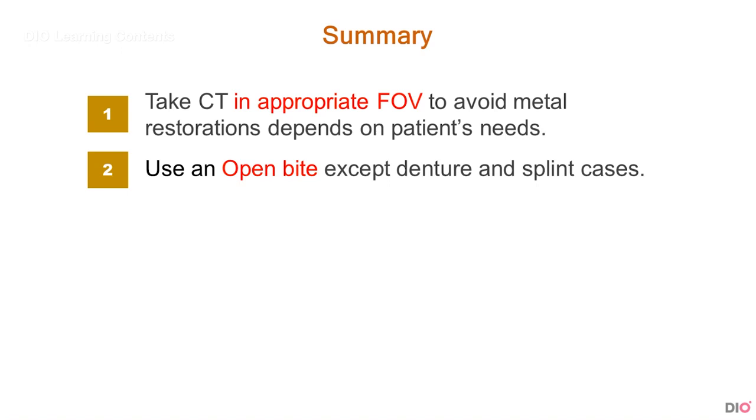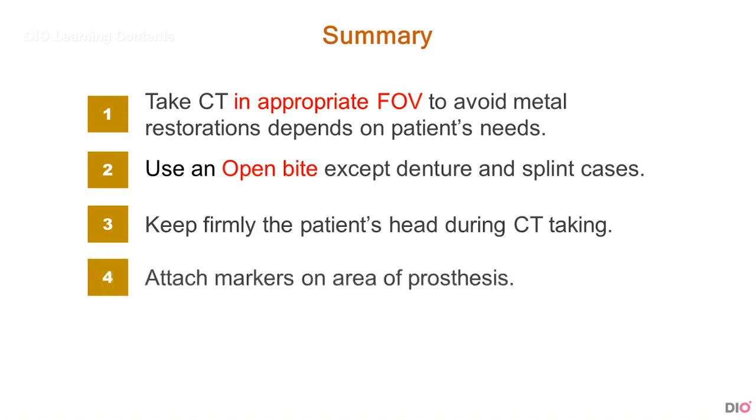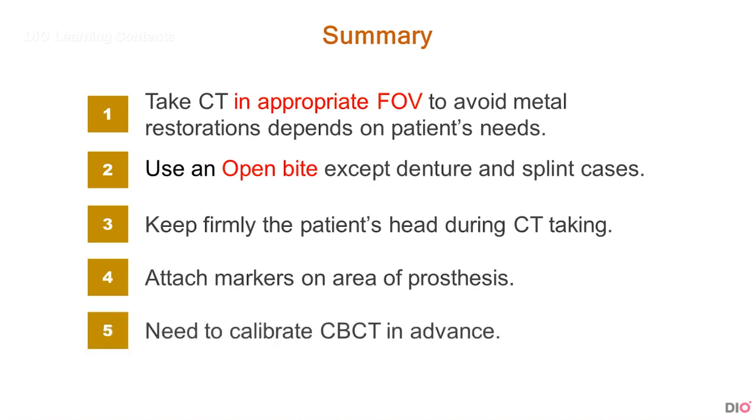Third, the patient's head must be fixed to prevent motion artifacts. Fourth, to prevent metal artifacts caused by metal prosthesis, you can attach markers and take the CT and oral scan. And finally, in order to prevent problems caused by low resolution and horizontal errors, CT calibration is recommended in advance.